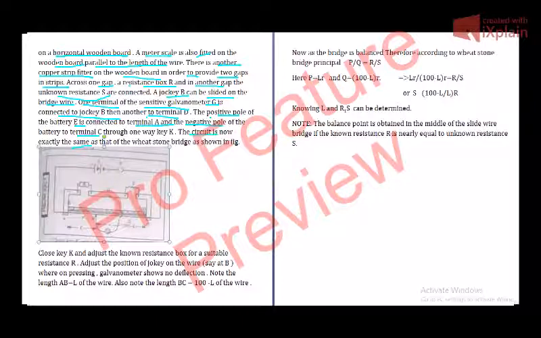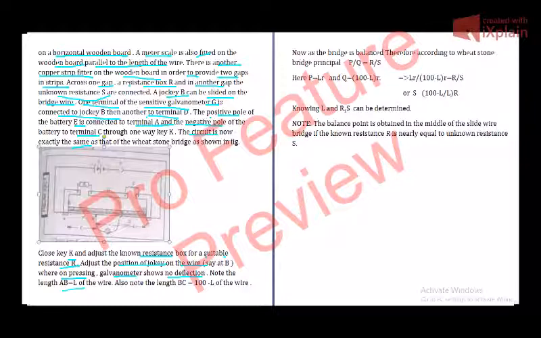Now close key K and adjust the resistance box for a suitable resistance R. Adjust the position of the jockey on the wire until, on pressing, the galvanometer shows no deflection. That is, the current through the galvanometer is 0.